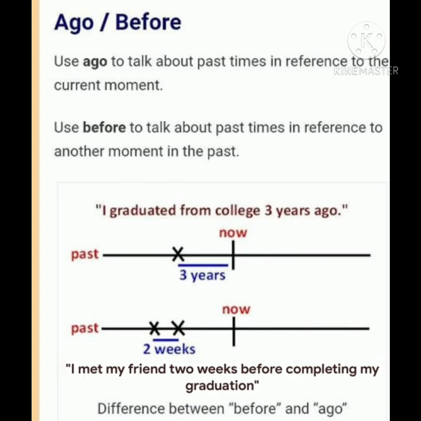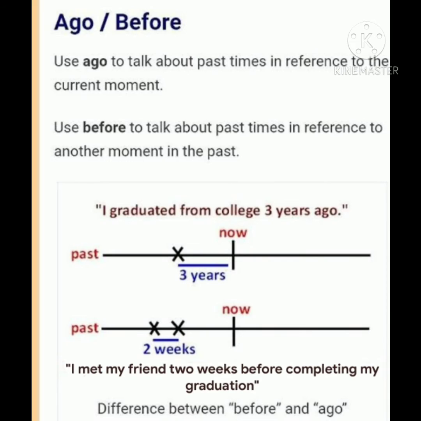As in the picture you can see the first sentence, I graduated 3 years ago. Means as it is 2021 this year, that means I completed 3 years ago means I completed my graduation in 2018. Next example, I met my friend 2 weeks before completing my graduation.